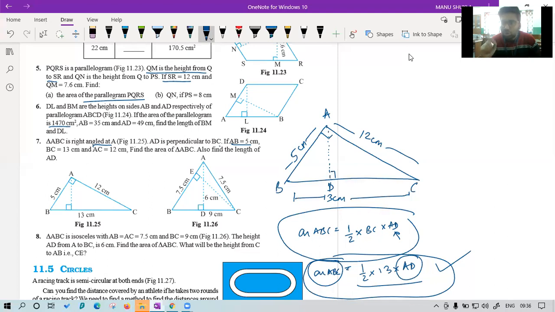So the only option left with us is to take AB as base and AC as height. Now tell me, is it clear why I was taking AB as base and AC as height? Is it clear to you now? Okay, so we will say the area is given by half.